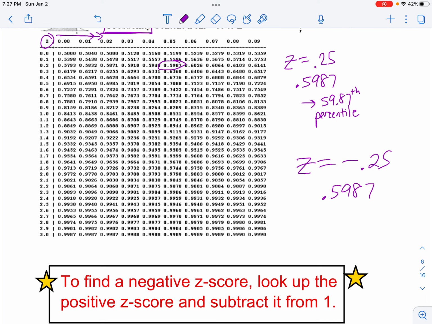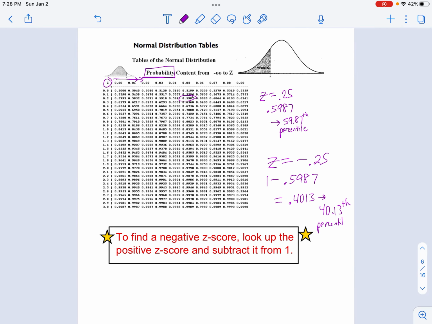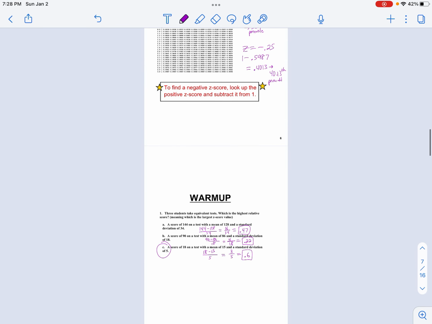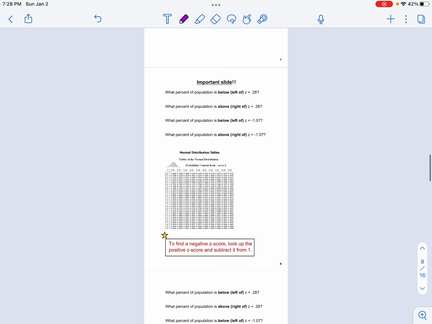But since we want the negative version of that z-score, what we do is we do 1 minus it. 1 minus 0.5987, which is going to be 0.4013, which is the 40.13th percentile. Okay? So that's how you do z-score lookups in the table. We'll stop this video there.